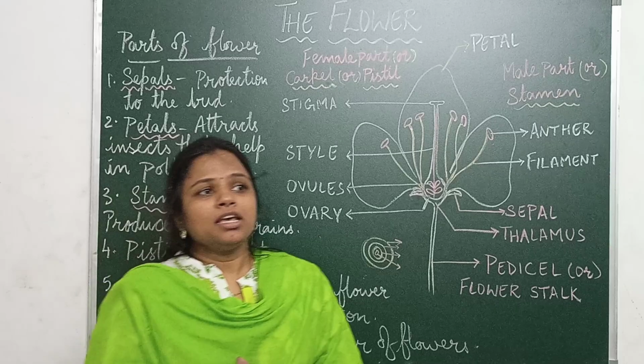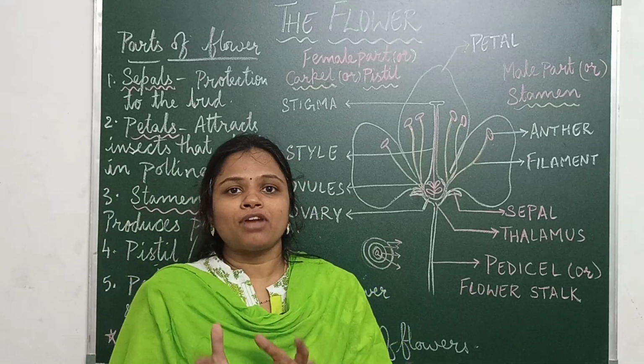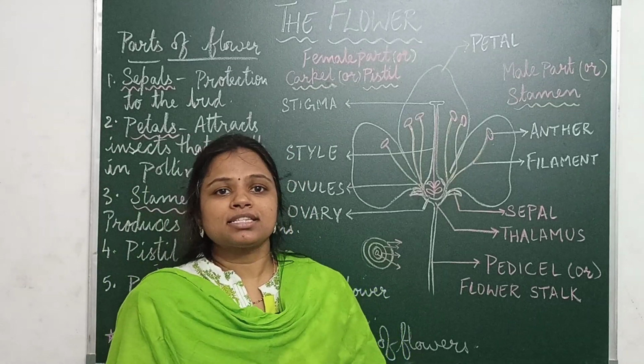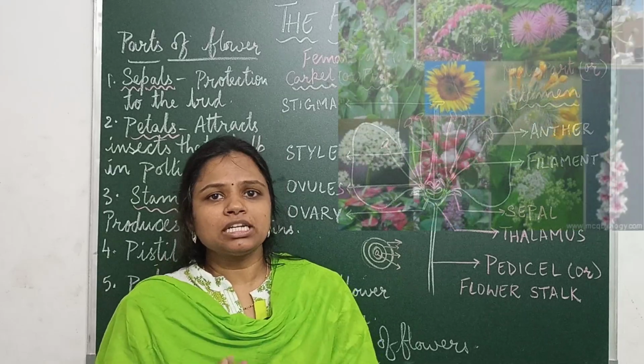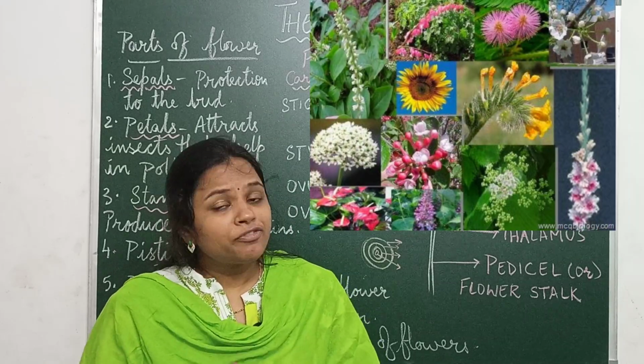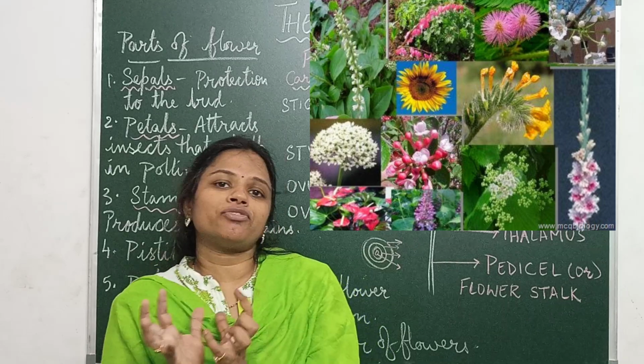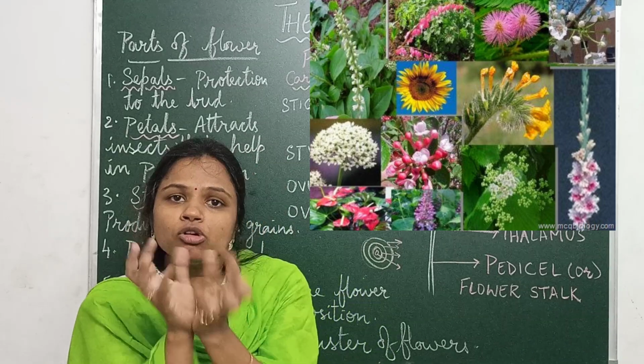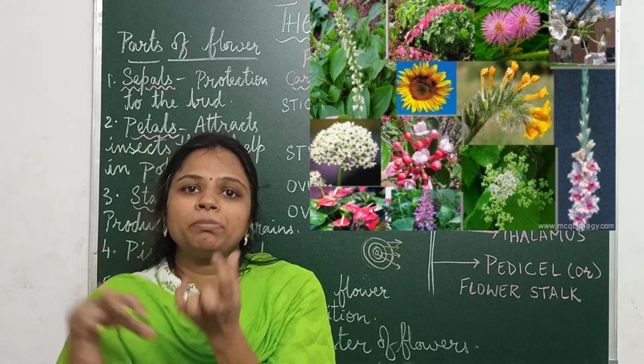Now, sometimes we see groups of flowers or clusters of flowers present in a plant. Not every plant has got a single flower. Sometimes a bunch or group of flowers actually forms one big flower.